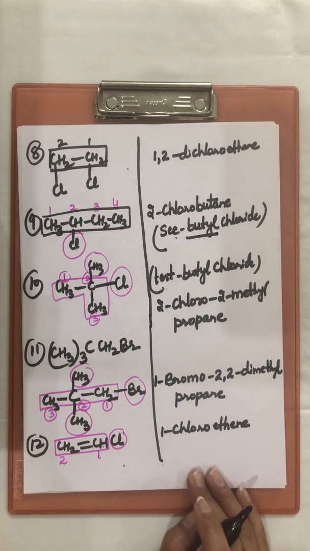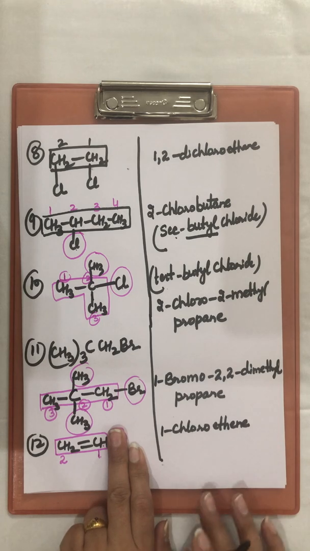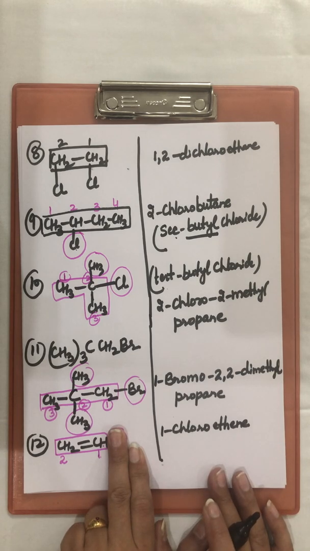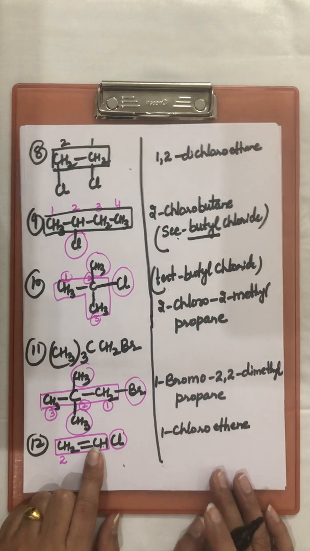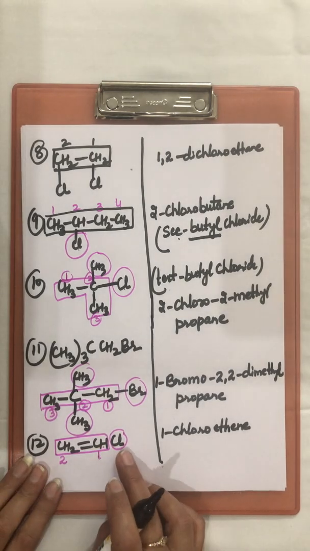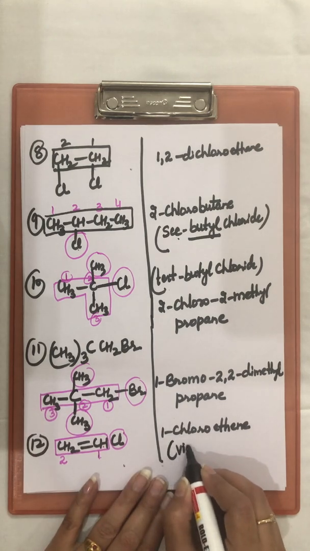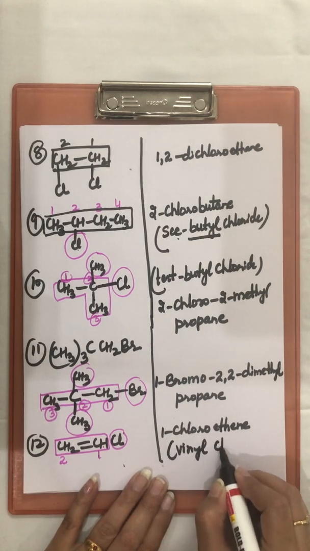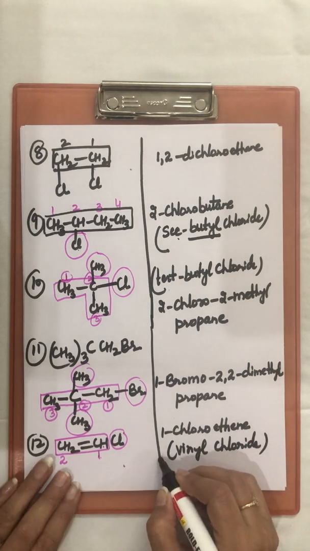Now the common name of this compound: leave this halogen, this group we know is called the, which group? Vinyl. This is a vinyl carbon, a double bonded carbon atom. With the vinyl carbon, Cl is linking. So this compound is called vinyl chloride. This is a common name of this compound, vinyl chloride.